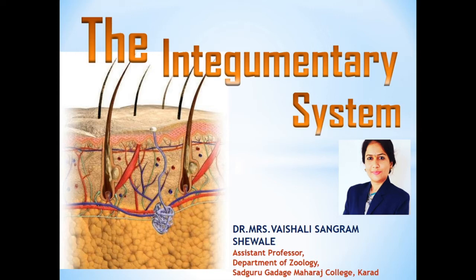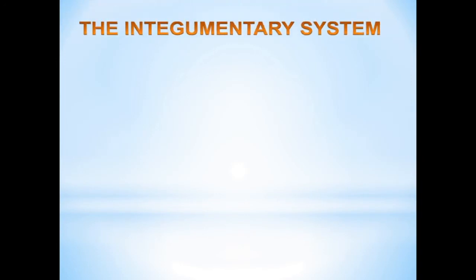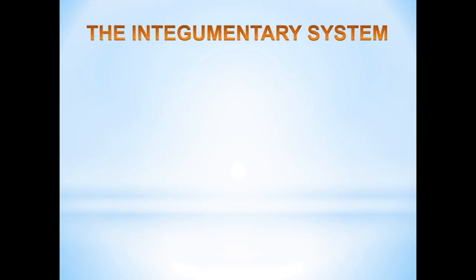If we study the different taxa, we can find many different forms of integument based on the different environment that each organism inhabits. Now, we will see in detail the general structure of the integumentary system or the integument.